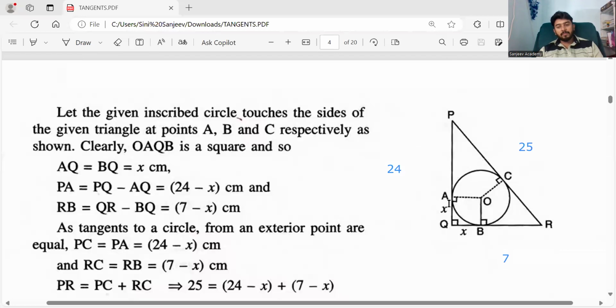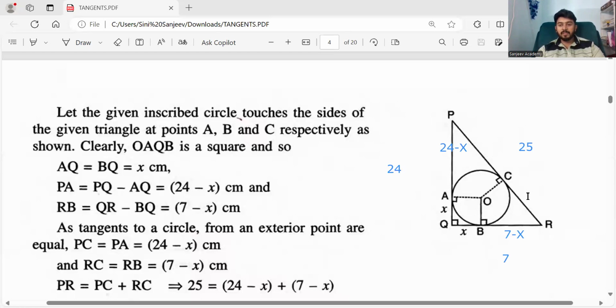QB and QA. So just now, I told you one theorem. Correct? P is a point outside the circle externally. Then PA is equal to PB. So similarly, QA and QB values are the same. Then what is my PA value? PA value will be 24 minus X. And what about my BR value? 7 minus X. So if this is 24 minus X, what is my PC value?